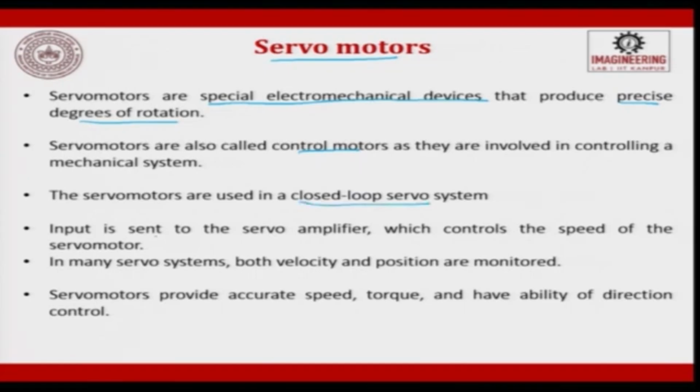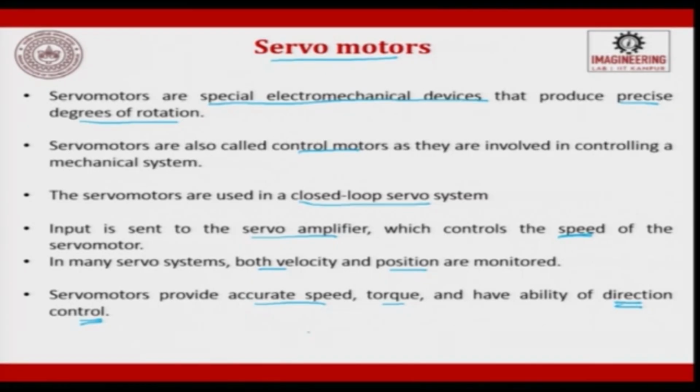The input is sent to the servo amplifier, which controls the speed of the servo. Why? Position, velocity, signal amplification, so that it controls the speed. In many servo systems, both velocity and position are to be monitored. Servo motors provide accurate speed, accurate torque and have the ability of direction control, whether to go in the clockwise direction or in the anti-clockwise direction.